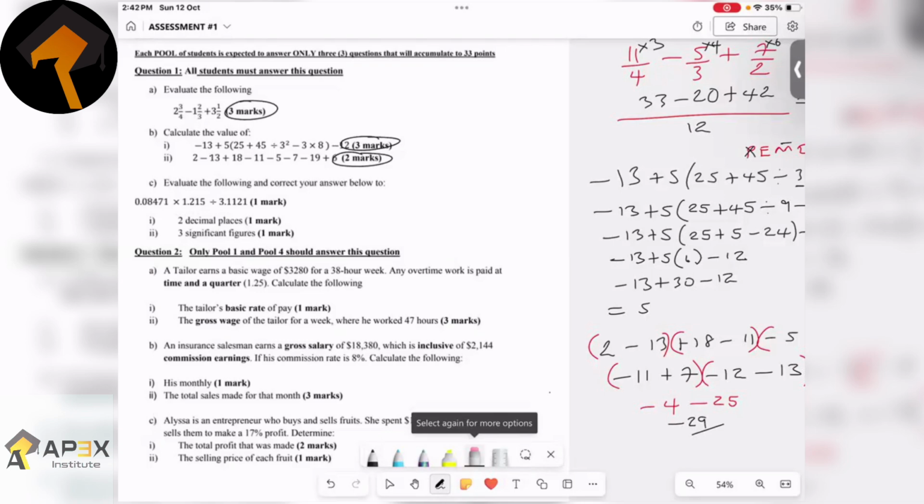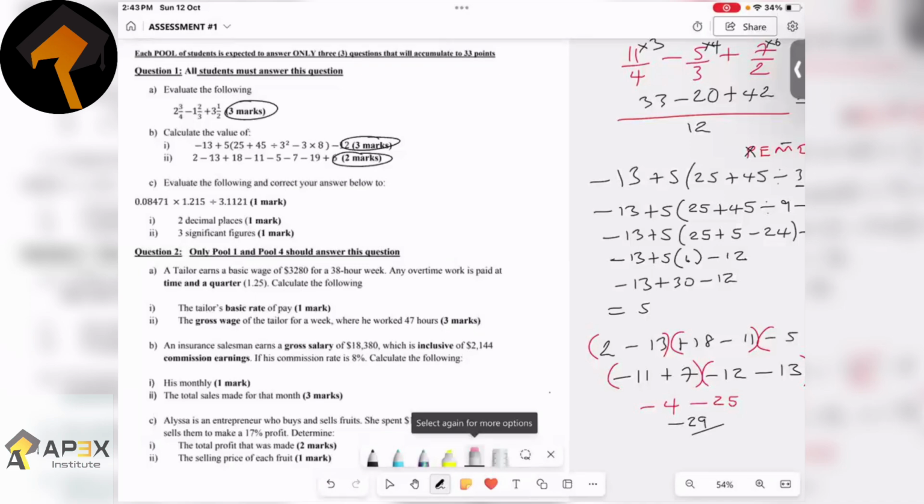All right, so I'm going to grab a pen here and I'm going to pull up my calculator and we're going to type this number in. So let me just write these numbers down so I don't have to switch screens again. So that's 0.08471 times 1.215 divided by 3.121.